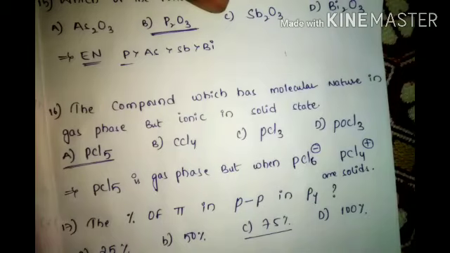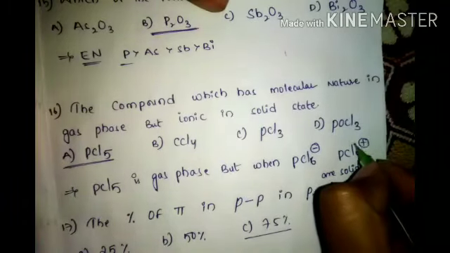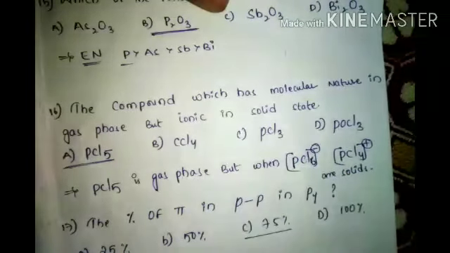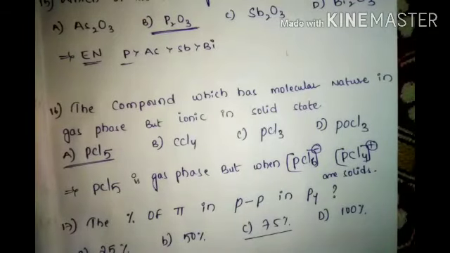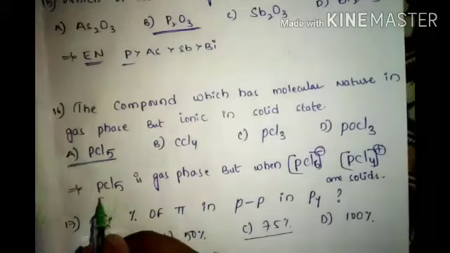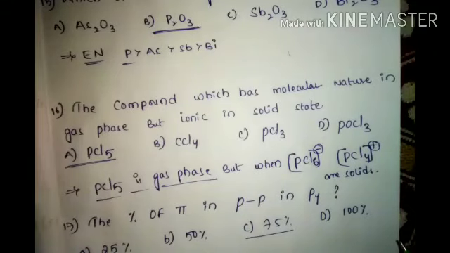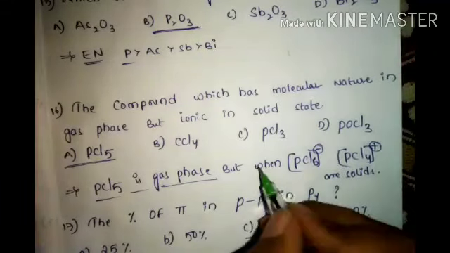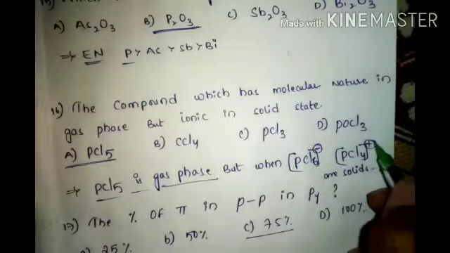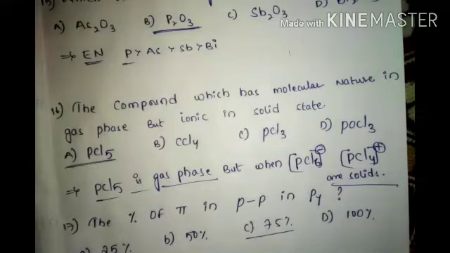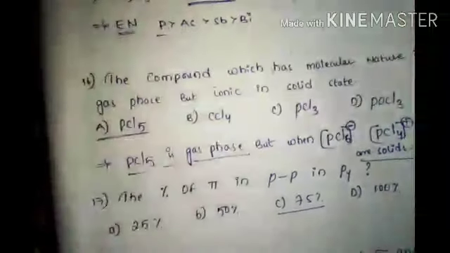Understood? PCl4 plus or PCl6 minus are solids. PCl5 actually has molecular nature in the gaseous phase, but when ions, a negative ion and a positive ion, form, at that time these are all solids. This compound has molecular nature in gaseous phase but ionic in solid state, PCl5.